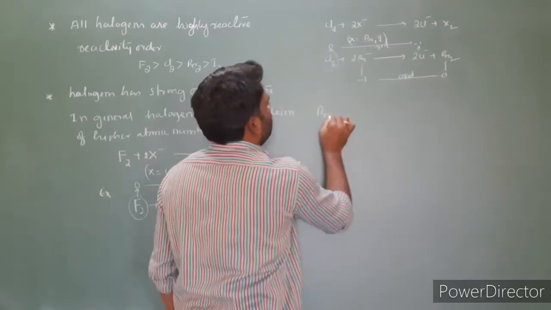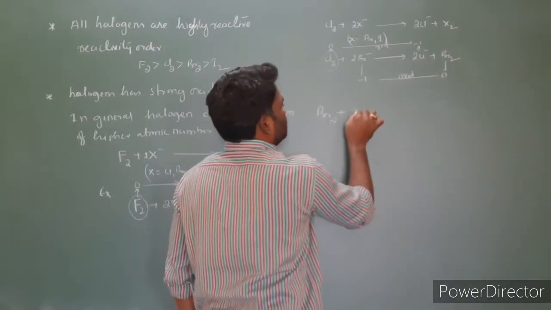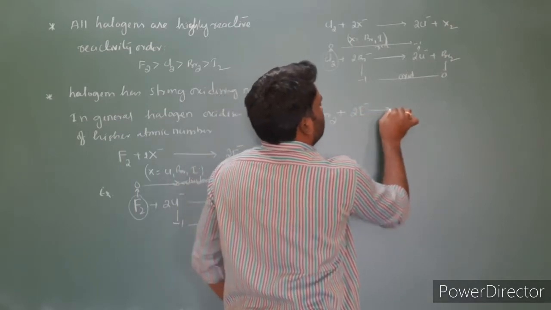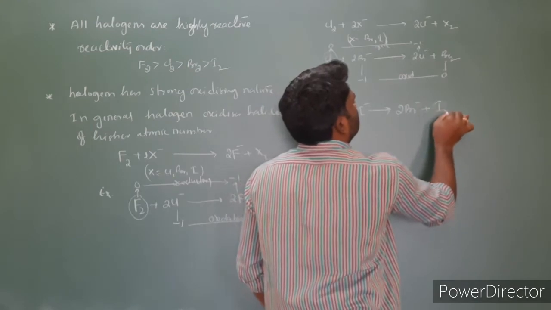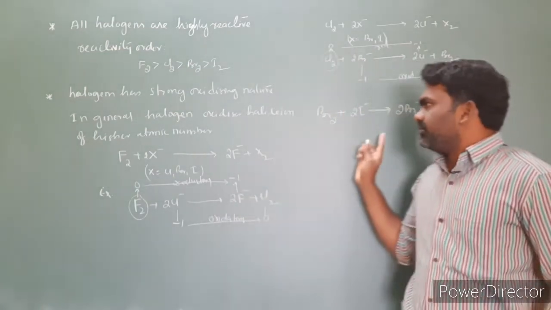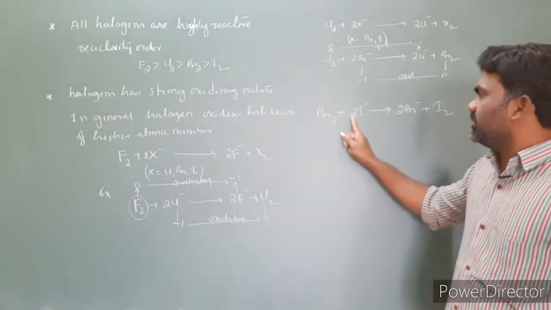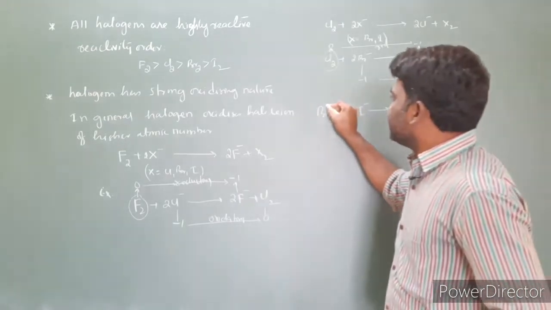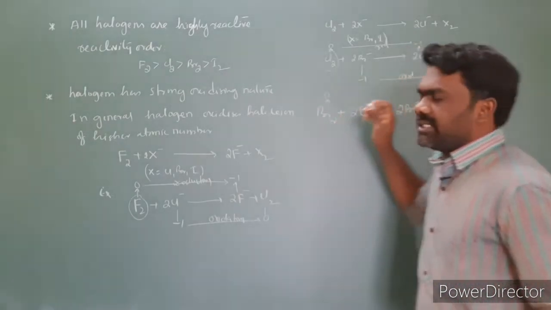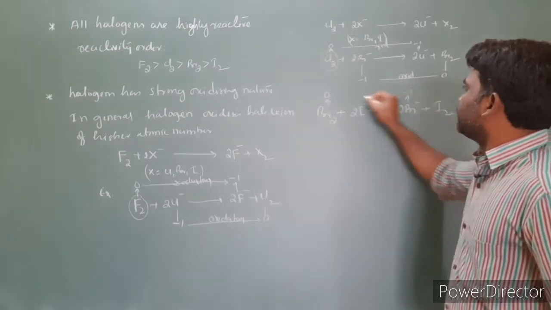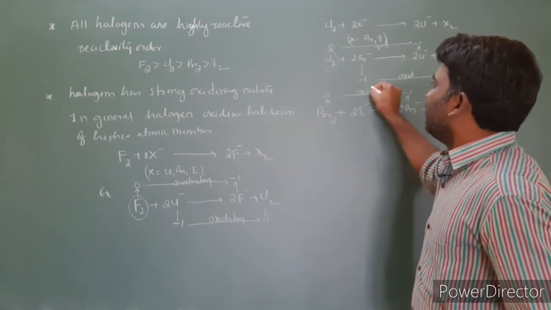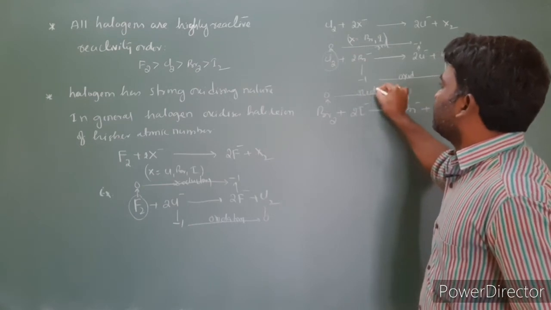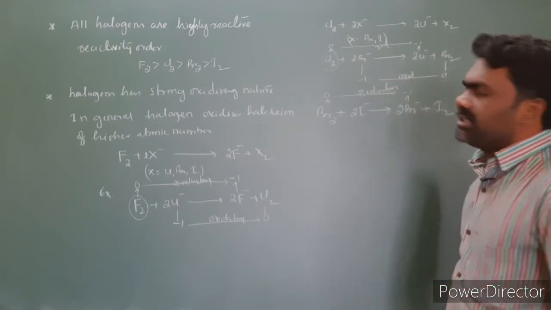Then next one is Br2 plus 2I- gives rise to 2Br- plus I2. Look at this equation. Here bromine can oxidize I-. The oxidation number of bromine is 0 in the elemental state, and here bromine is minus 1. So 0 to minus 1 is reduction; decreasing oxidation number is reduction.